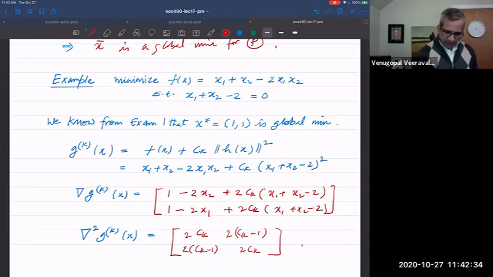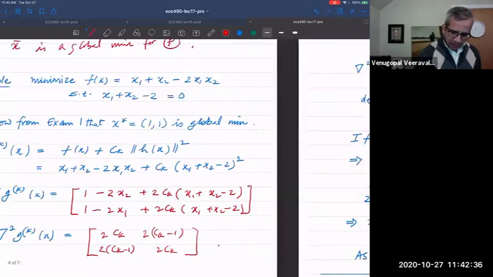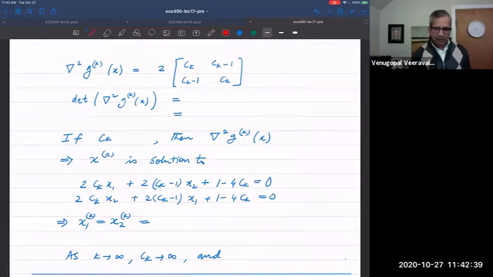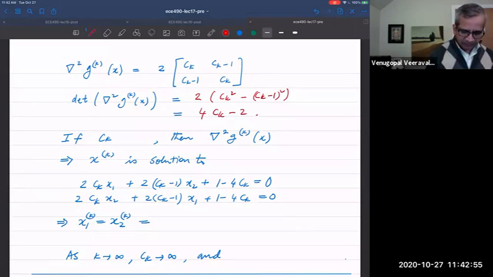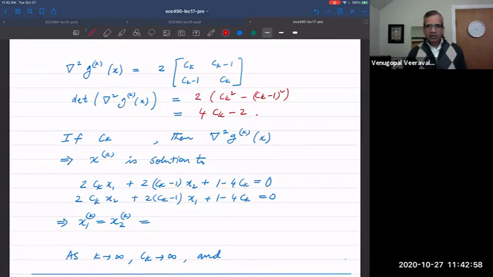Now if you look at the determinant of the Hessian matrix, this is 2ck squared minus (2ck minus 1) squared, which is 4ck minus 2. So as long as ck is strictly bigger than half, and we're taking ck to infinity anyway, so that's not a big deal, then the Hessian is strictly positive definite.